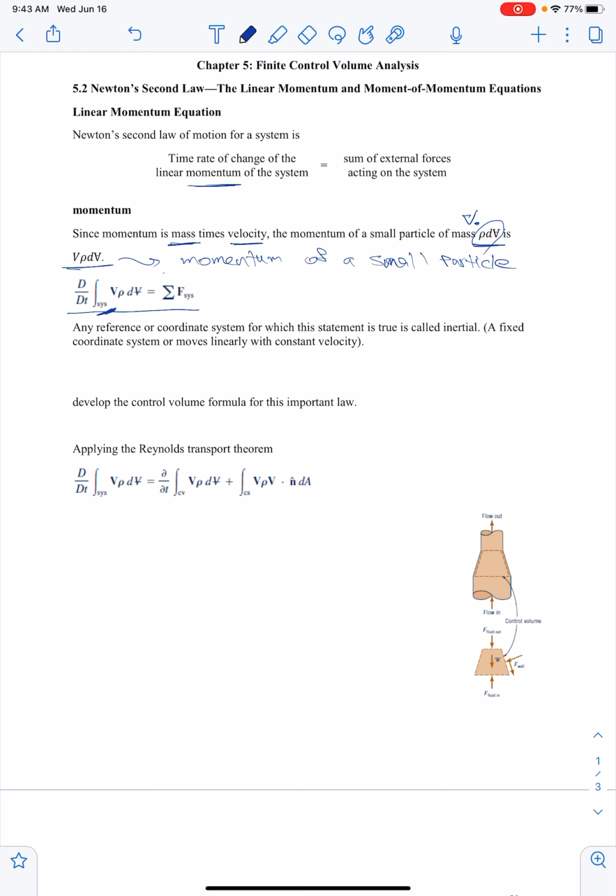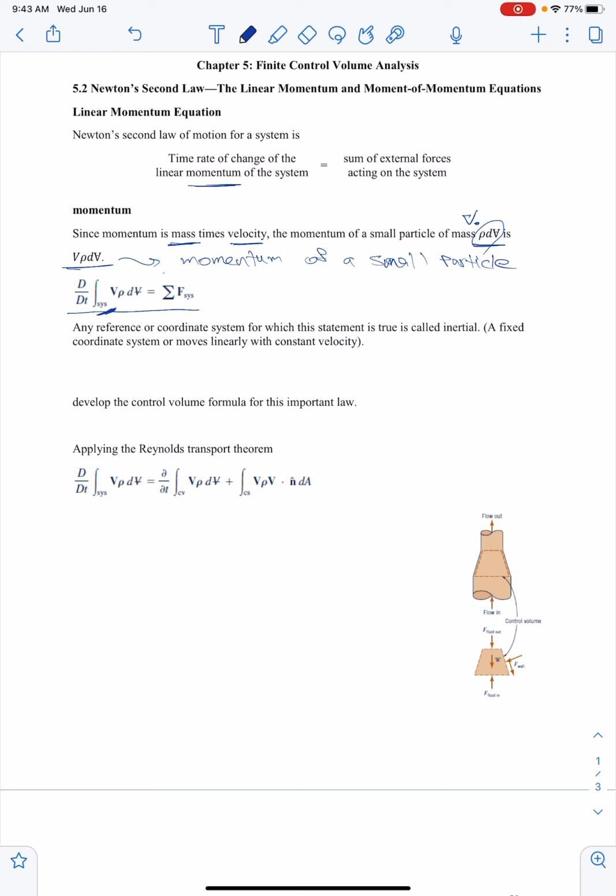For instance, a fixed coordinate system is inertial. A coordinate system that moves in a straight line with constant velocity, of course, and without acceleration is also inertial. So we proceed to develop the control volume formula for Newton's law.